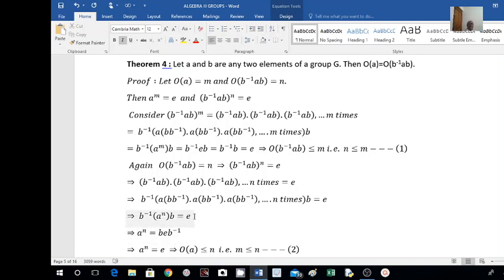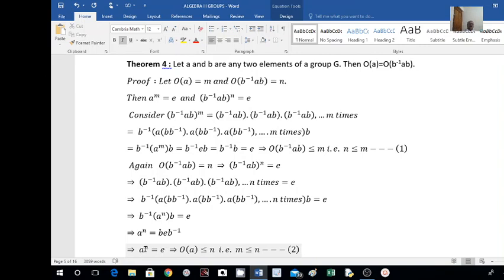On the right-hand side, operating on the left by B and on the right by B inverse, B E B inverse gives B B inverse, which is E. So we get A to the power of n equal to E.